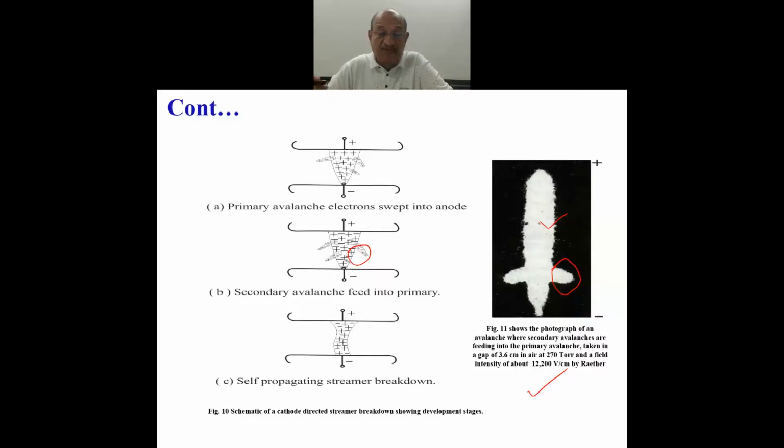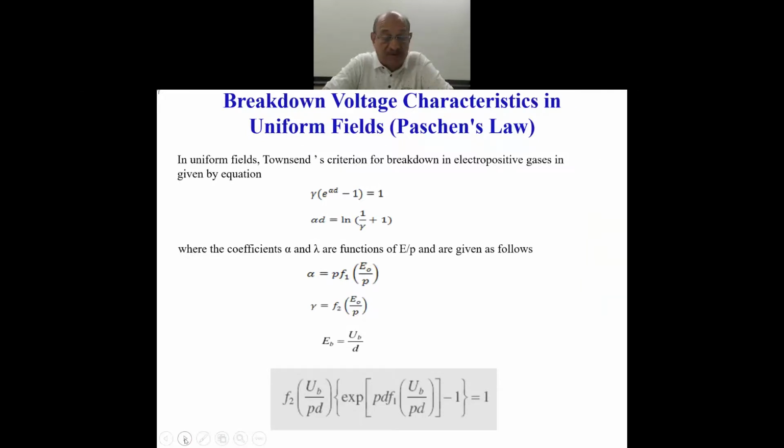Above 2 centimeters, the streamer mechanism would develop, even in a uniform field, to accomplish the breakdown. I hope I have been able to clarify the streamer criterion for breakdown, which is a very interesting thing I find, which is not clear to many of the people working in this field of engineering.